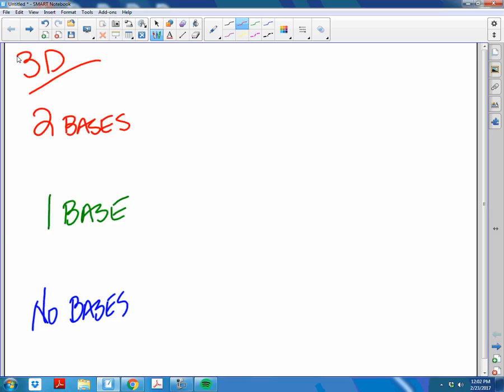So, the two-based shapes include prisms. Prisms have a specific description.